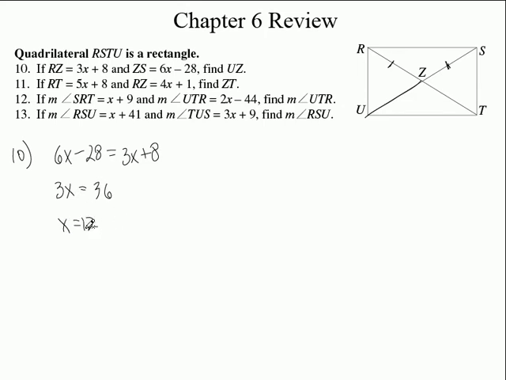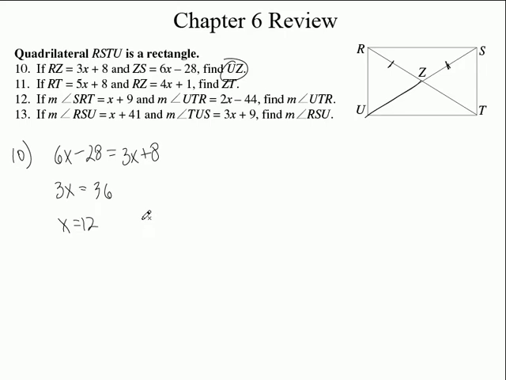So x is 12. That's not my answer, though, because they asked to find UZ. I'm not really finding UZ directly, I'm finding one of these, and it's going to be the same thing. So I could put that x in for either one. Which do you think would be easier? I think RZ would be easier. So let's put the 12 in.